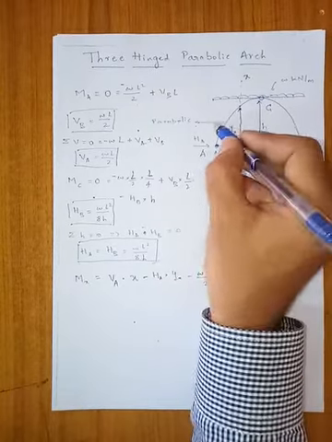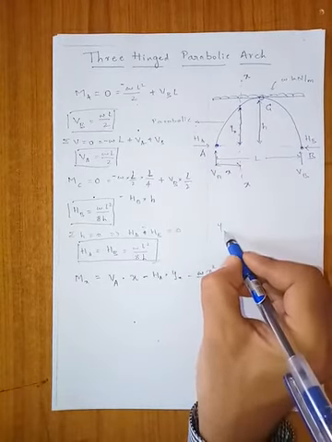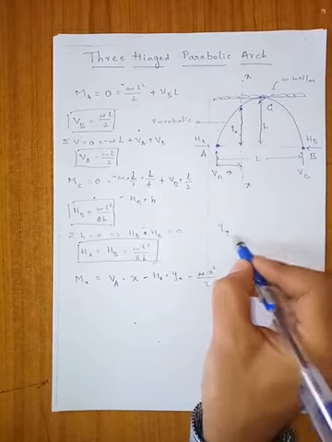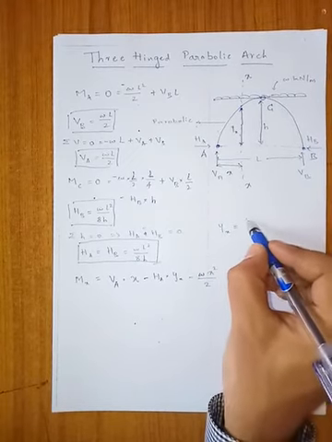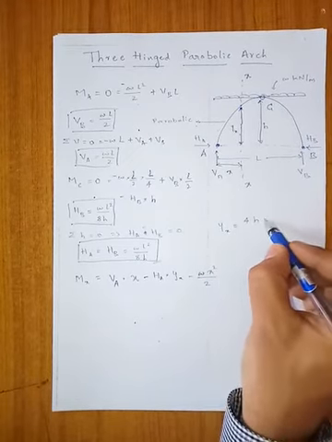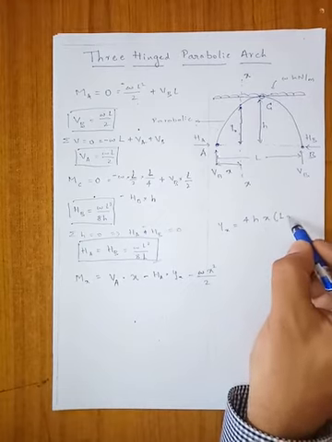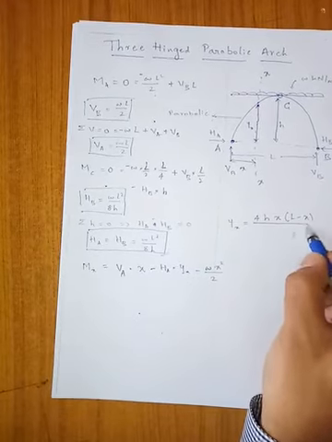Since this shape is parabolic, the height y at any distance x is given by the equation for the parabolic shape: 4hx into L minus x upon L square.